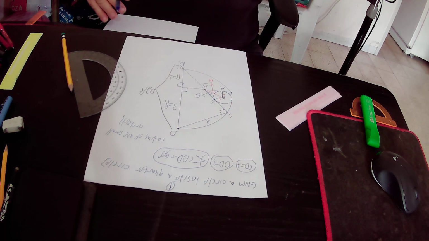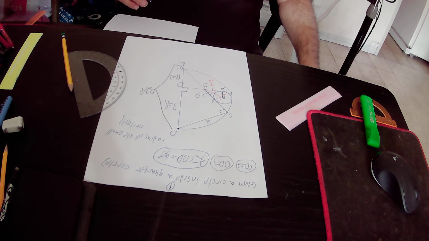So DE is also the diameter of the semicircle and equals 2R, that is 3 plus 3, which is 6 units. The diameter of this semicircle and the quarter circle equals 6 units.